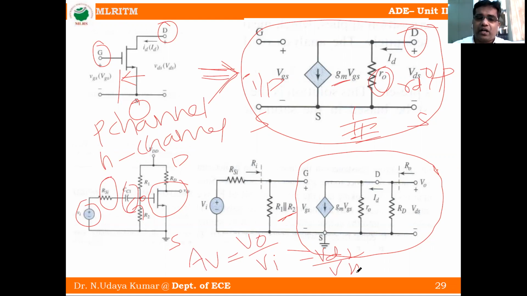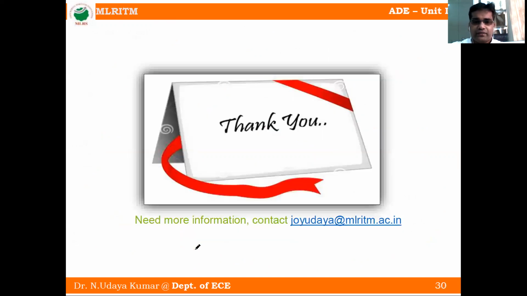This circuit we call a common source amplifier, written in small signal analysis, and we have to find the different parameters: voltage gain, current gain, input resistance, output resistance, input resistance with source resistance.